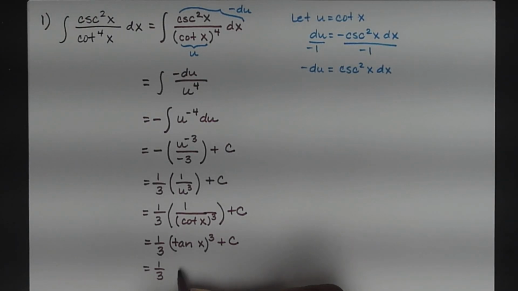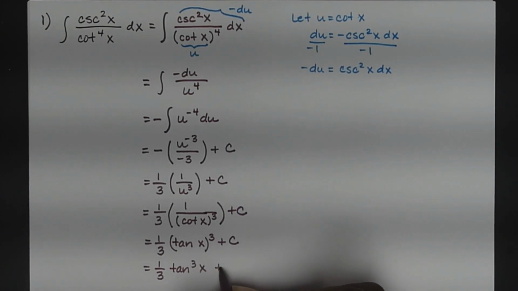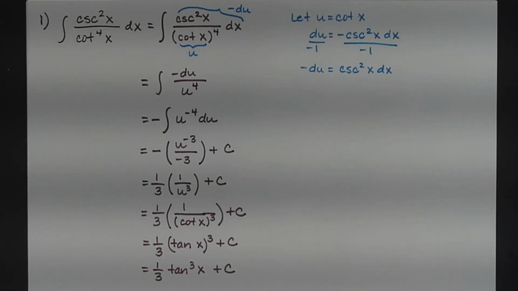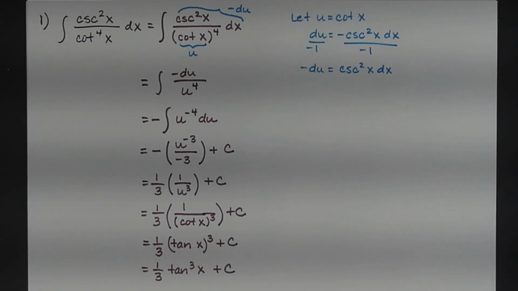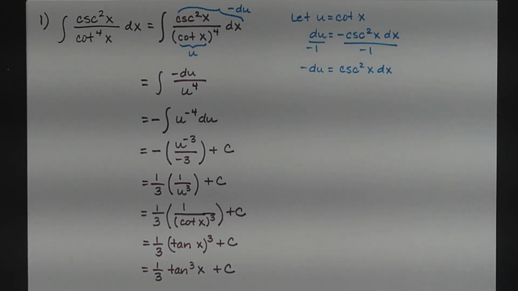Tangent of x raised to the third, another way of writing that would be the tangent cubed of x, plus c. Okay. So this right here is the integral of cosecant square of x divided by cotangent to the fourth of x dx: 1/3 tangent cube of x plus c.